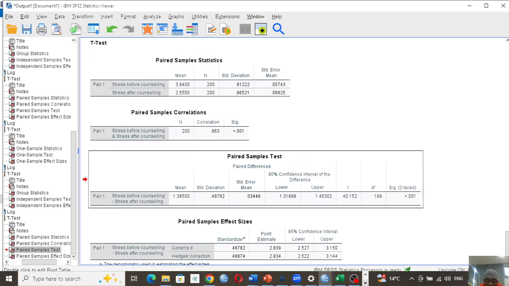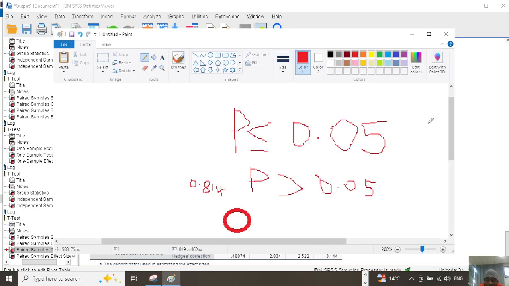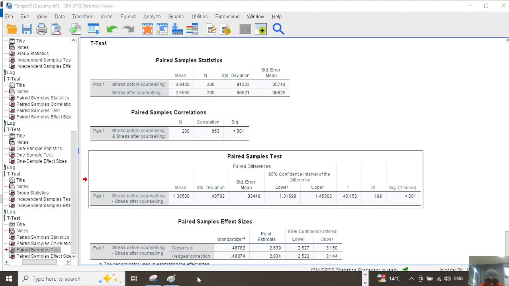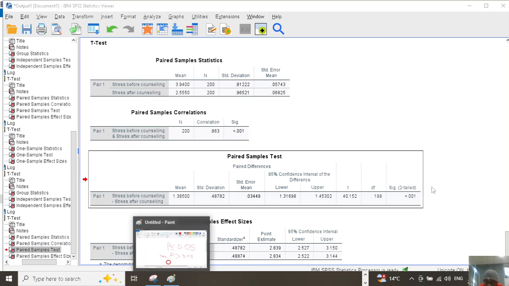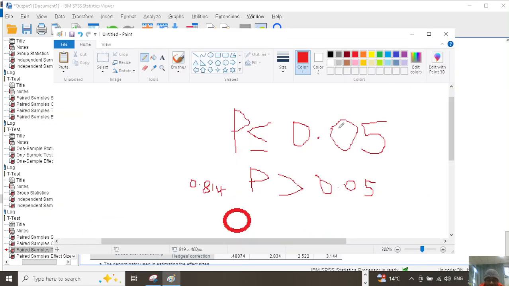Again, we come to this side, we compare our p-value with the threshold 0.05, and we could see that 0.001 is less than 0.05, and for that matter we will say it is statistically significant.